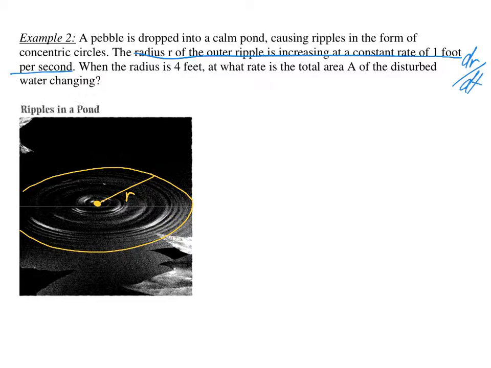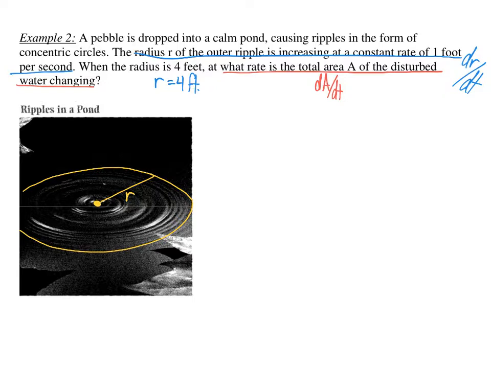When the radius is 4, so r equals 4 feet, at what rate is the total area of the disturbed water changing? All right, so this is what they're asking us to find. How would we express that? dA/dt. Okay? dA/dt.